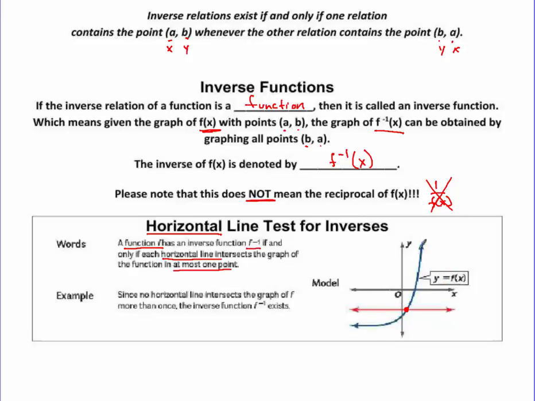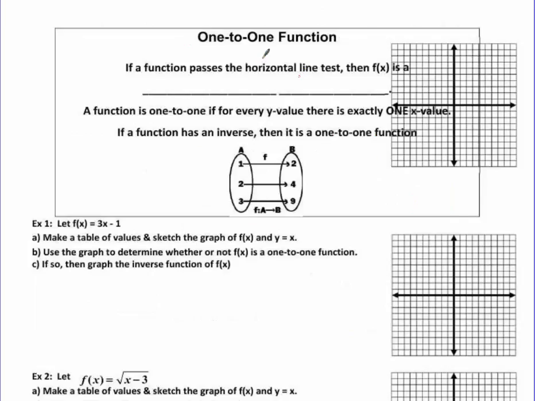So we know that this function does have an inverse, and we can find it. If a function passes the horizontal line test, then f of x is called a one-to-one function. A function is one-to-one if for every y value there's exactly one x value. If a function has an inverse, then it's a one-to-one function.